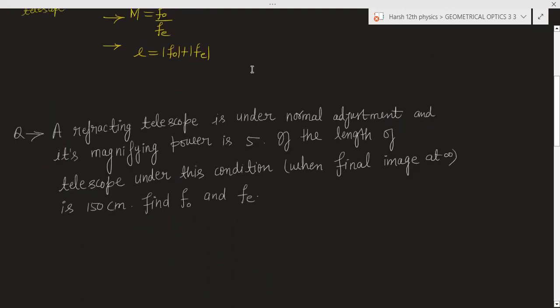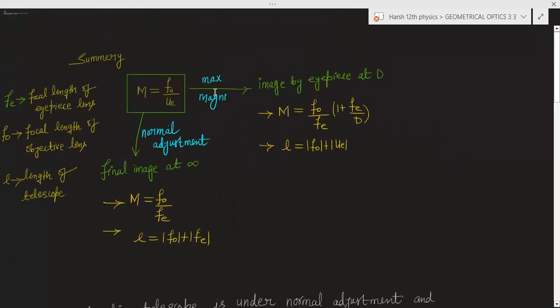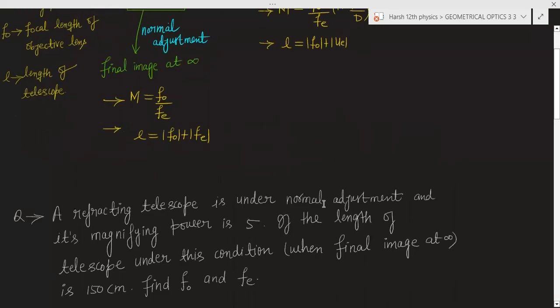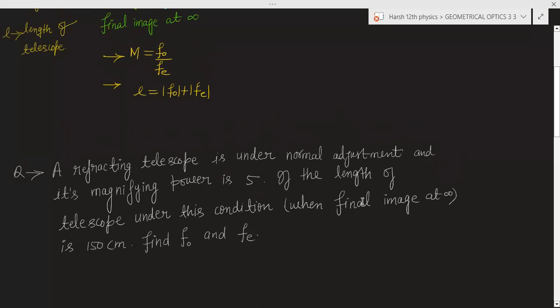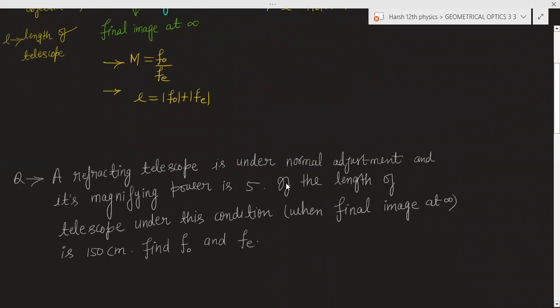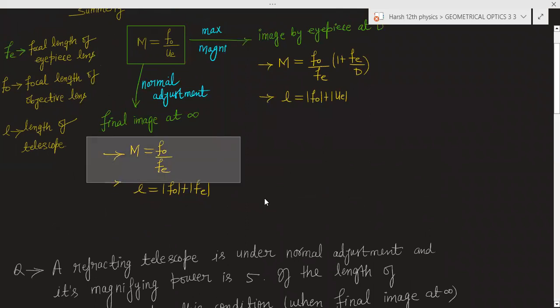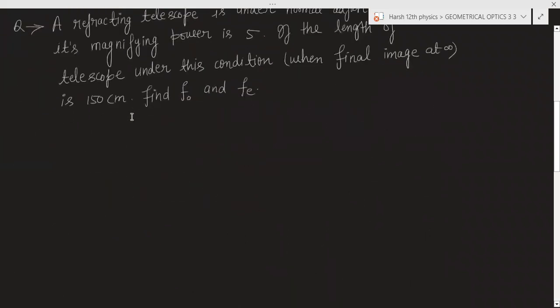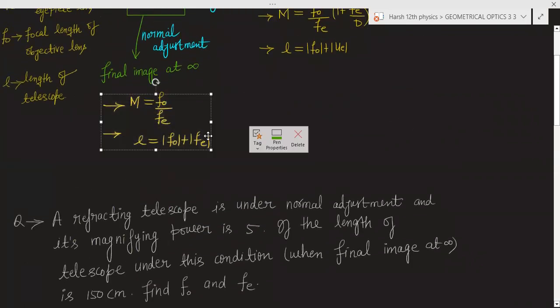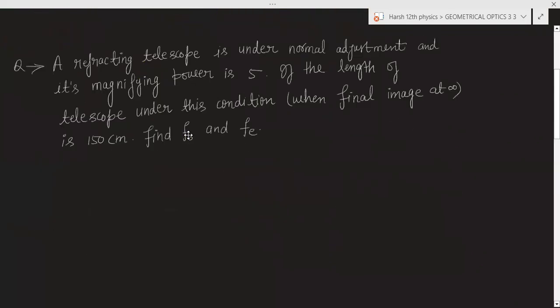We know that under normal adjustment the final image is at infinity, and it is given in the question. Since this is the case of normal adjustment, we have these formulas and we will use them.